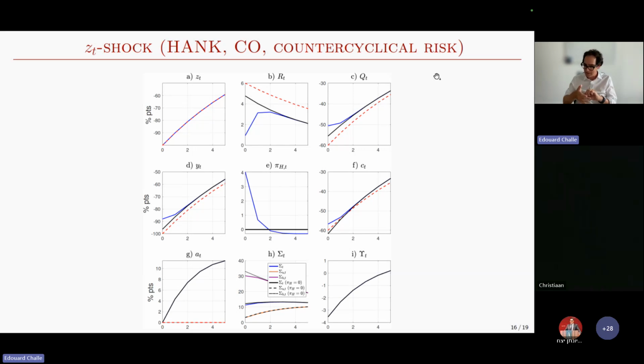That's the black line. In the black line, you stabilize prices, look at panel E, but then there would be more of a recession than in the blue line, and a stronger appreciation of the domestic currency. So this is what idiosyncratic risk brings to optimal policy relative to the RANK benchmark.